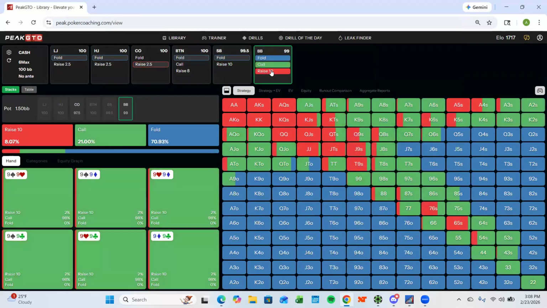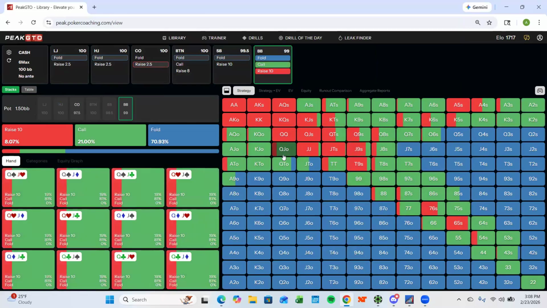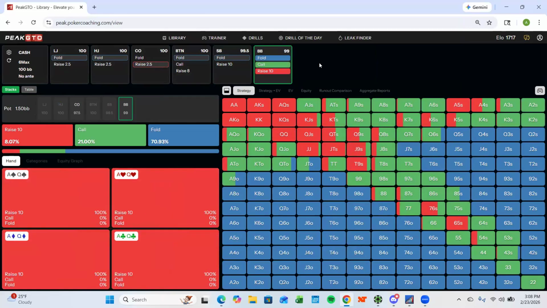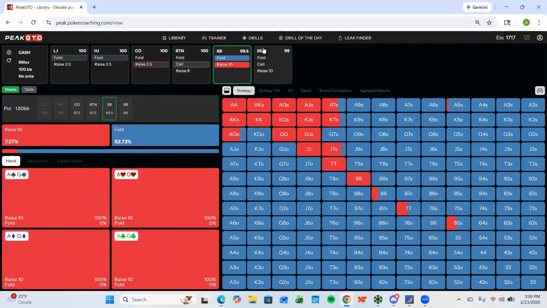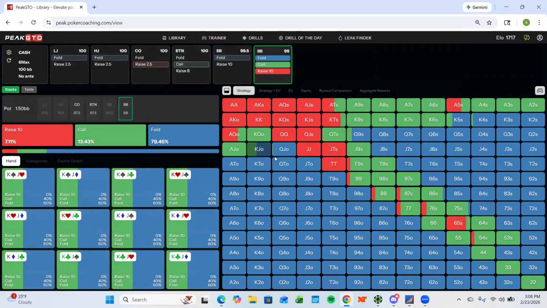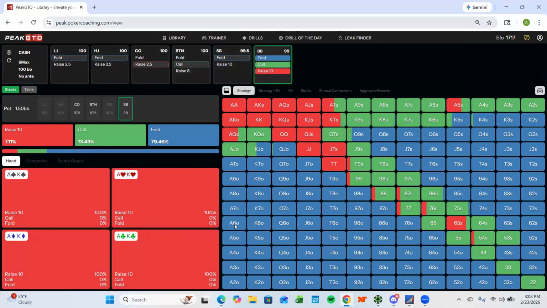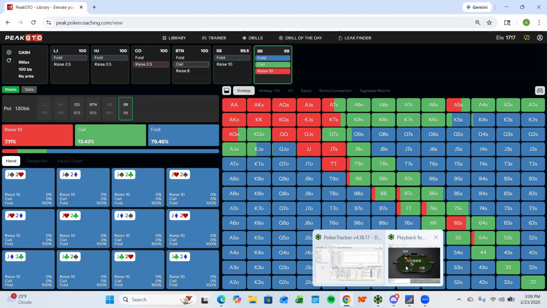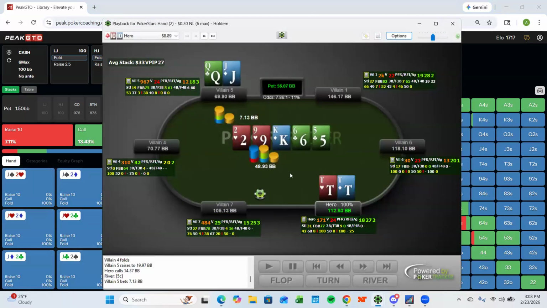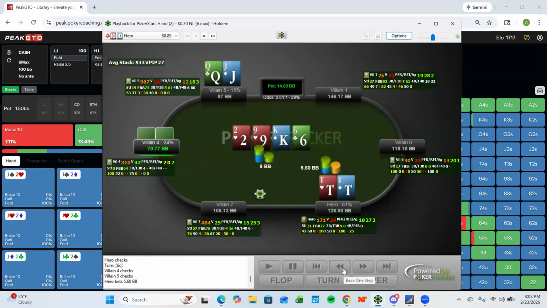Oh, you got to call the button here. No, it was a button small blind call. Yeah, it was a small blind call, which obviously I can't look at on Peak because it doesn't give me the option to call.